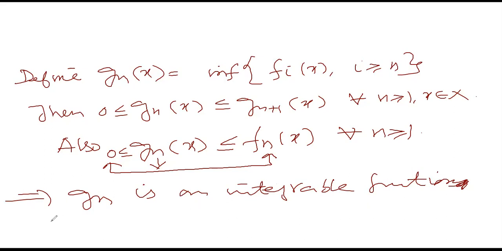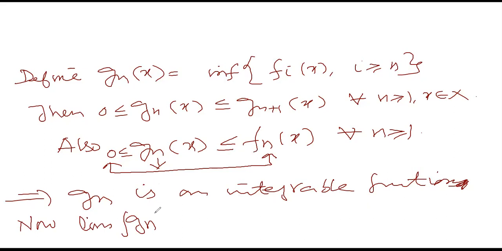Now let's look at the limit, so that we can apply the Levi theorem. We can talk about the limit of the integral of gn, because it's monotonic increasing. But gn is less or equal to fn.